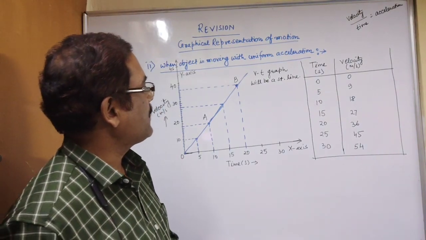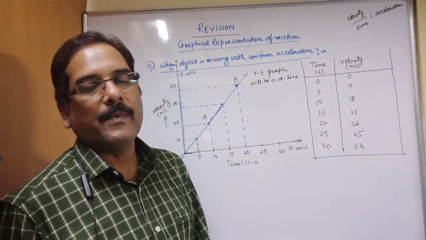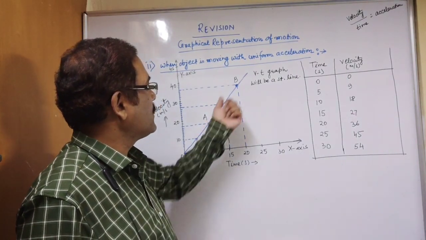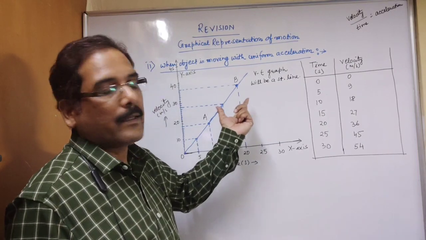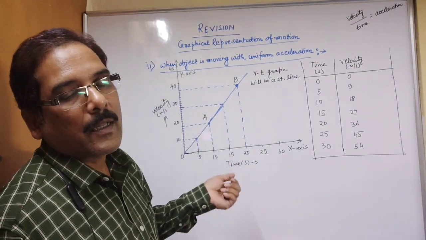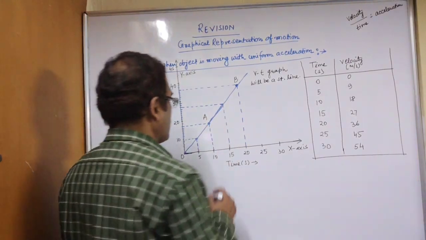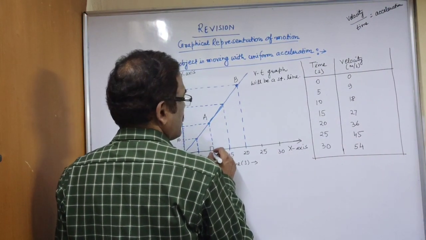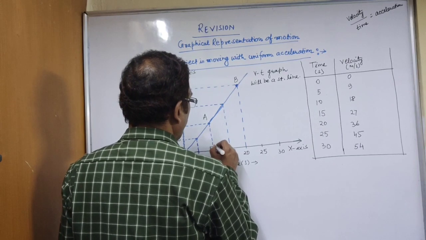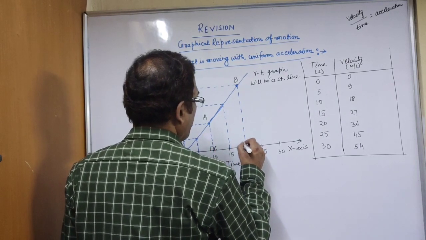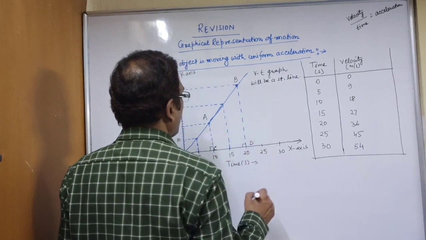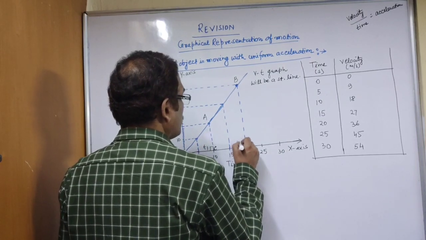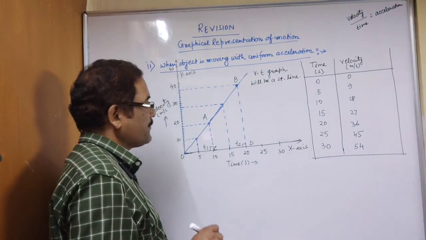And I tell you that when you have to calculate displacement in a particular time interval, or if you are choosing a particular point in the graph, then you have to draw the perpendiculars on x-axis. Let these perpendiculars cut the x-axis at point C and D. You can also mark the time interval as T1 and T2, isn't it?